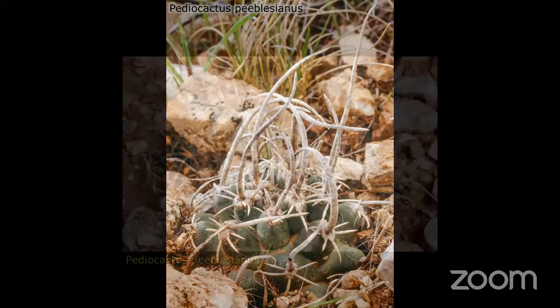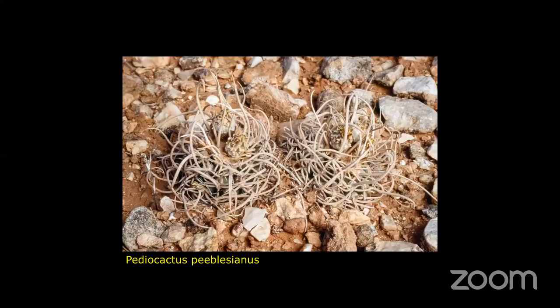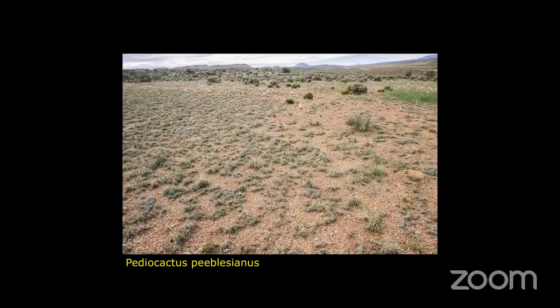Here's another example of Pediocactus publisianus growing in a more harsh locality where the spines are very dense. Now, this is actually a photograph of one of these monitoring sites for publisianus.